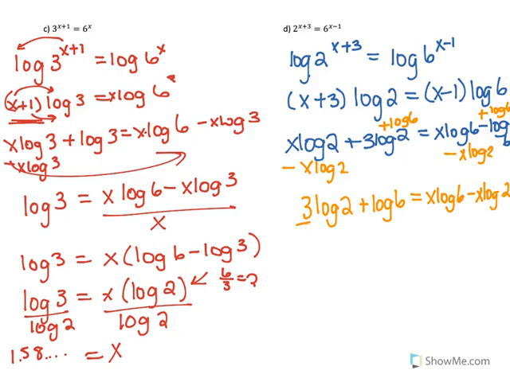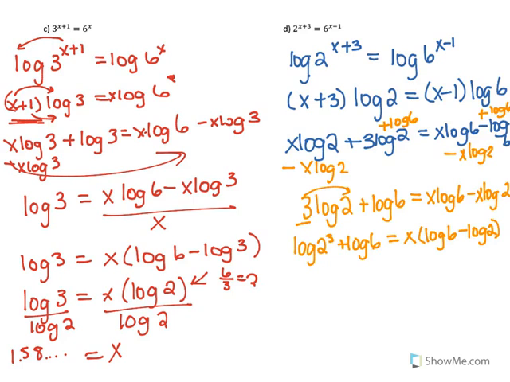Now I don't want this here, I want it to come back over here. So I'm going to have log of 2 to the power of 3 plus log of 6. And I'm going to take an x out on this side, so I'm left with x times log 6 minus log 2.